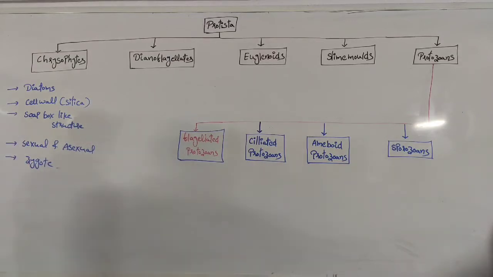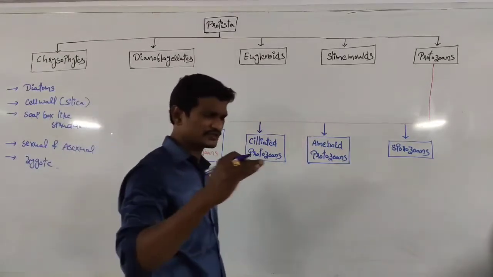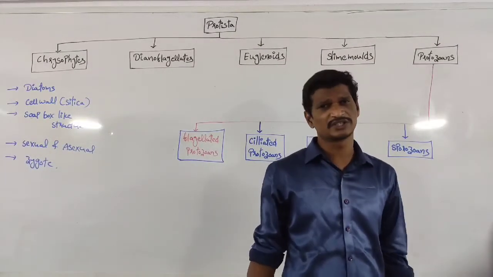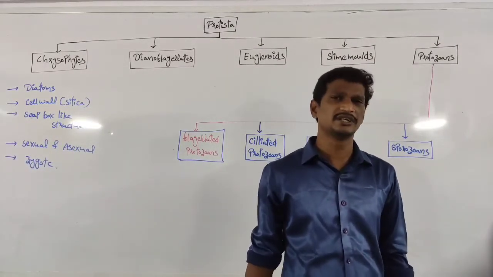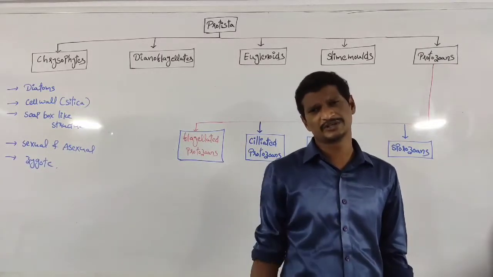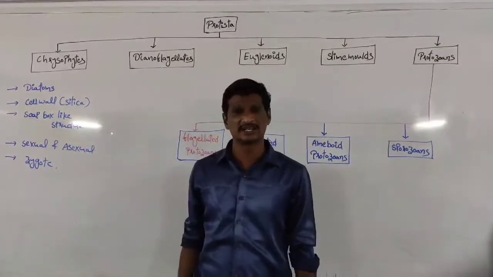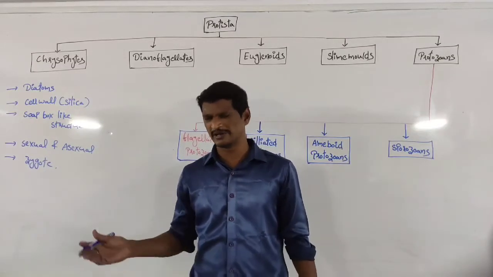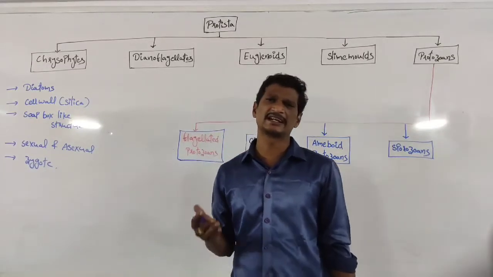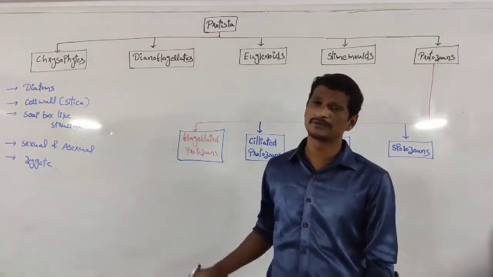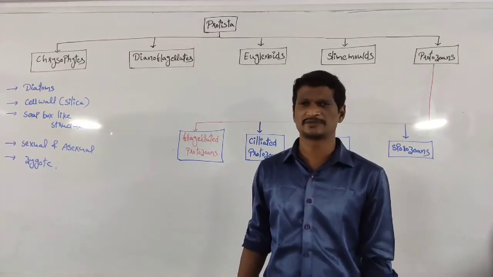Remember, most of these chrysophytes float on the surface of the water, right? They show passive movements because they do not have flagella. They move passively, by whatever air currents and water currents are there, from one place to another, right?